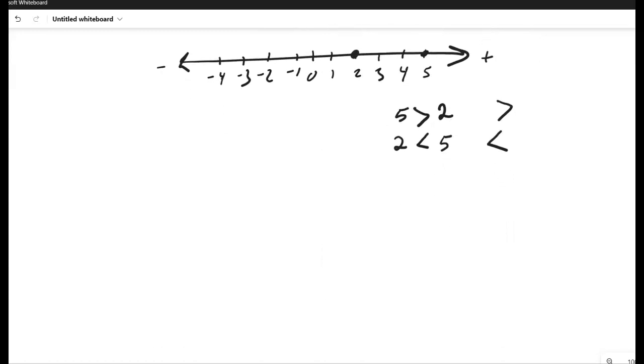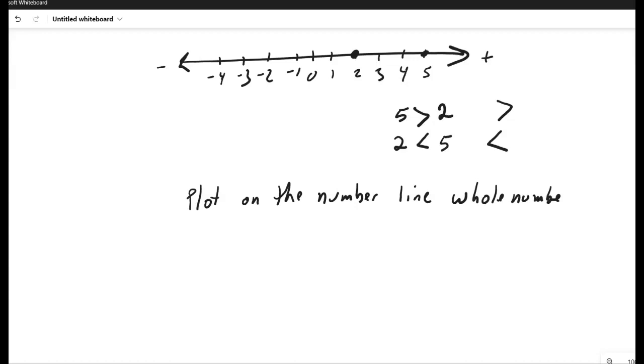So if I say, plot on the number line whole numbers greater than 2 and less than 5.